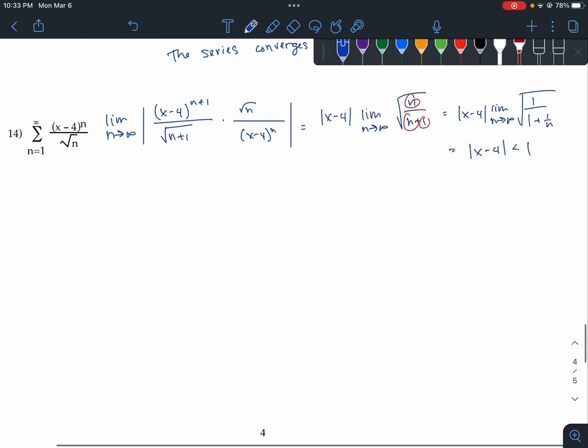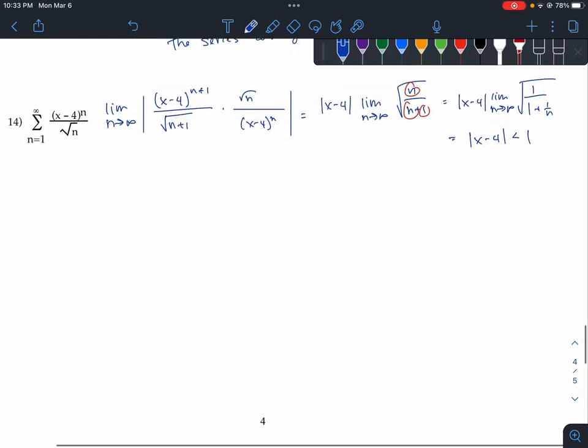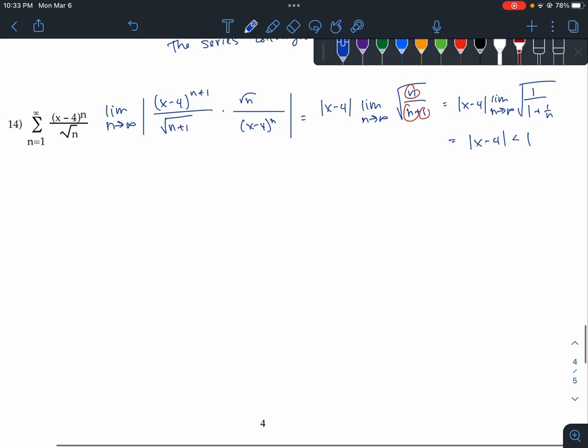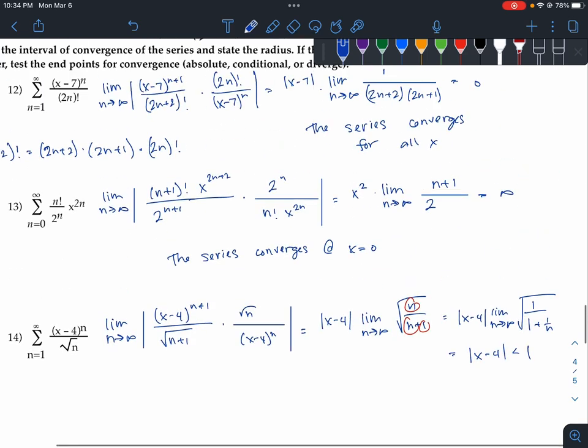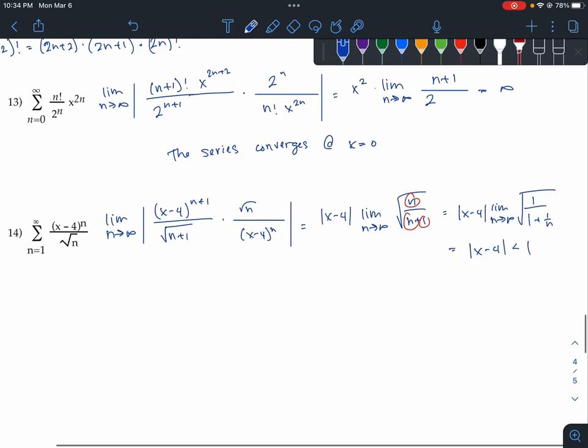So there you go. With that being said, my radius is equal to 1. And my interval, so what is it asking for? Find the interval and state the radius.